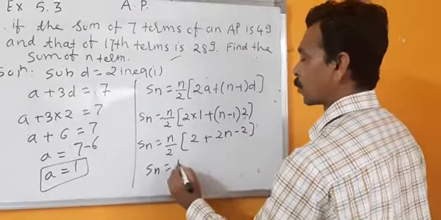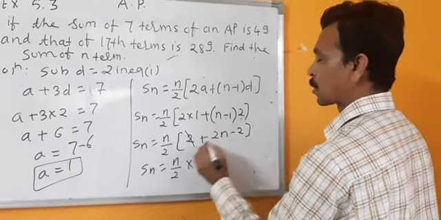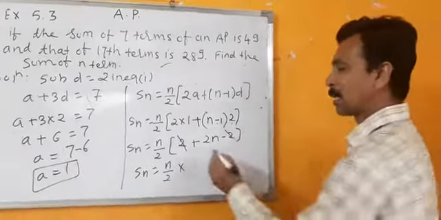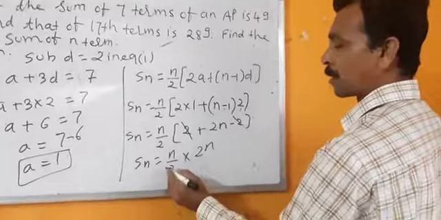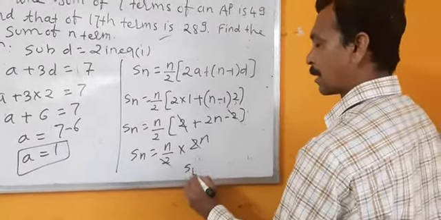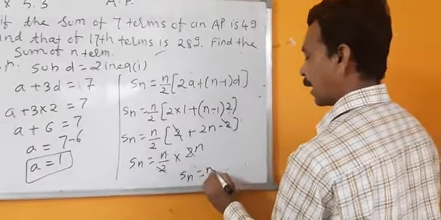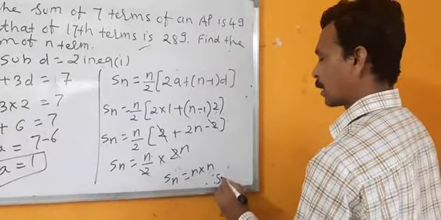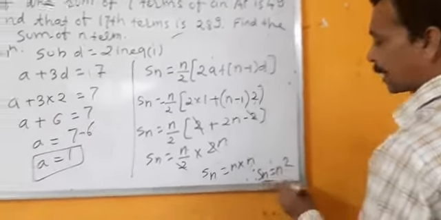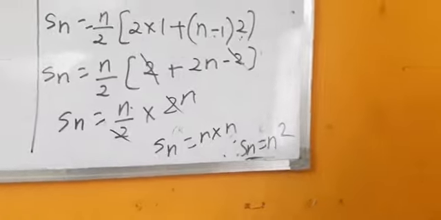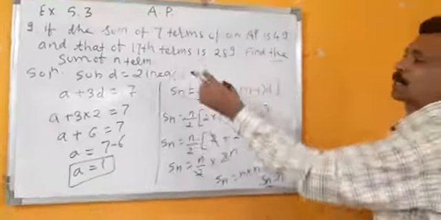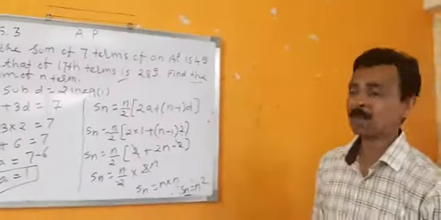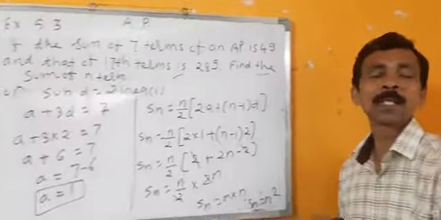Sn is equal to n by 2 into, this 2 and minus 2 get cancelled. What is left here? 2n. This 2 and 2 get cancelled. Sn is equal to n into n. Therefore, Sn is equal to n square. So as per the question, the sum of n terms is n square. This is a very important example.